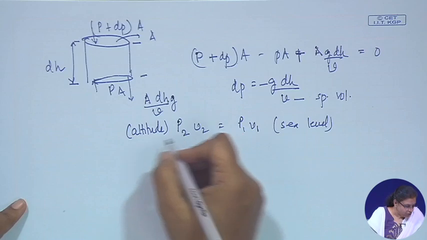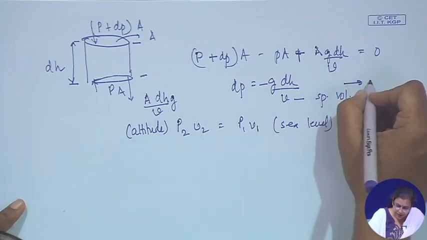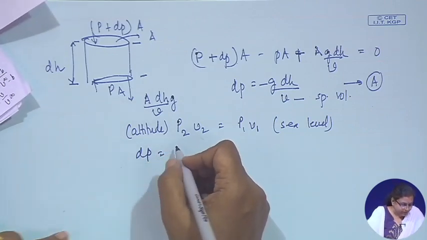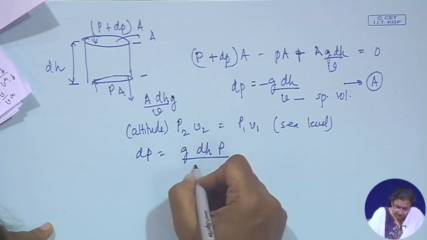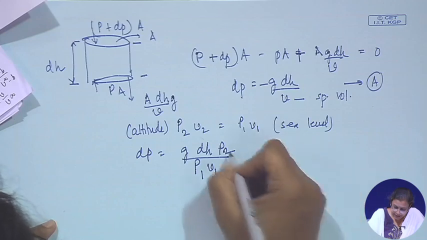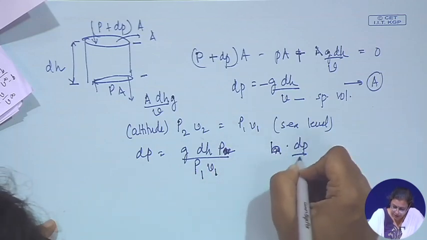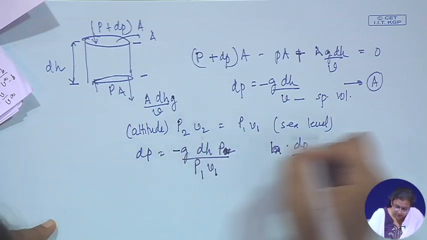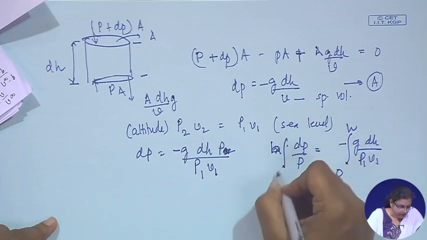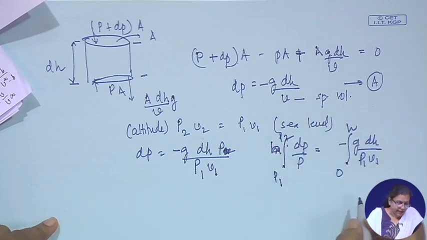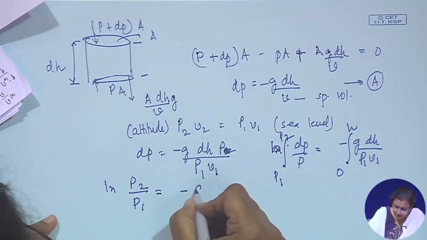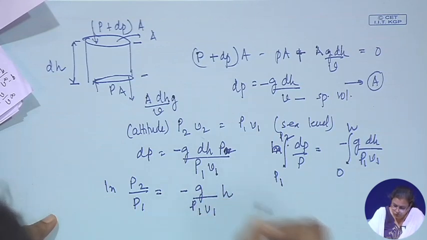So we can substitute for dP in this equation, giving dP by P equals minus G dH by P1 V1, integrated from 0 to h, as the pressure goes from P1 at sea level to P2 at altitude h. So, we get ln P2 by P1 equals minus G by P1 V1 into h.